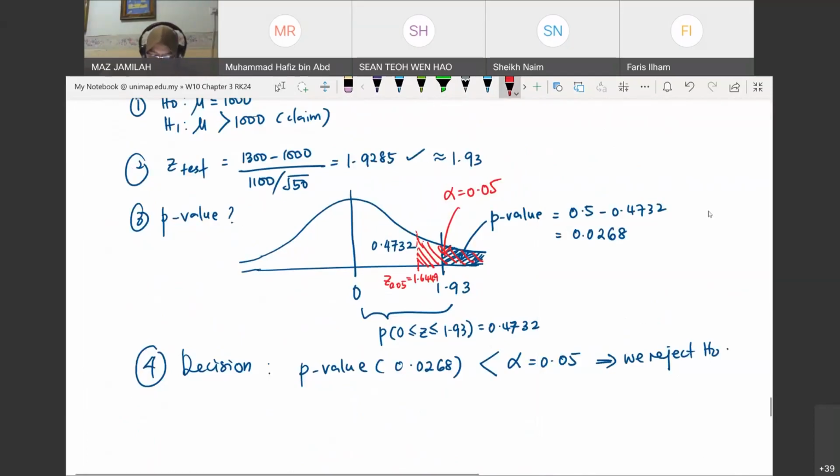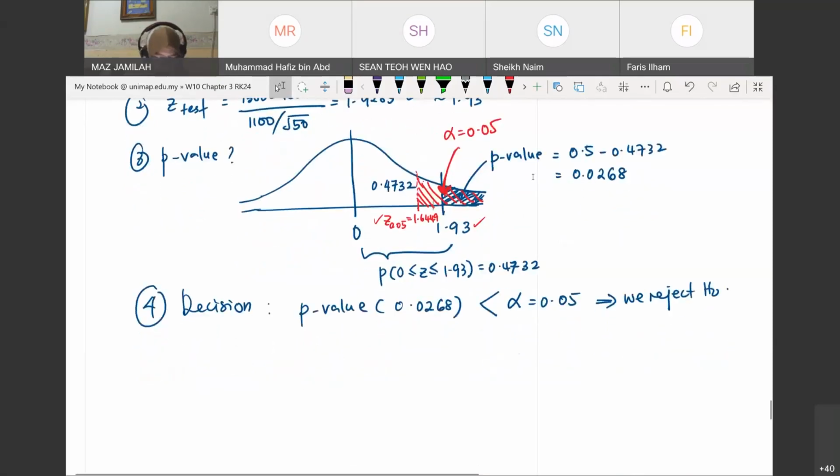If you are using the traditional method, you compare this with this. But if you are using the p-value method, you use the probability value in the rejection region. That's how we make the decision using the p-value method.